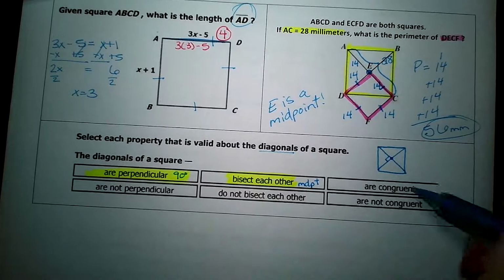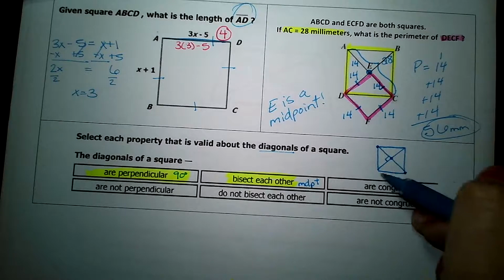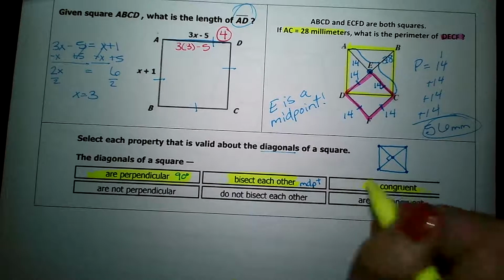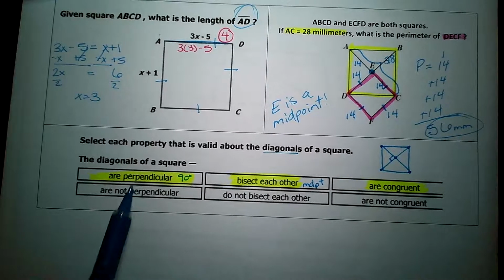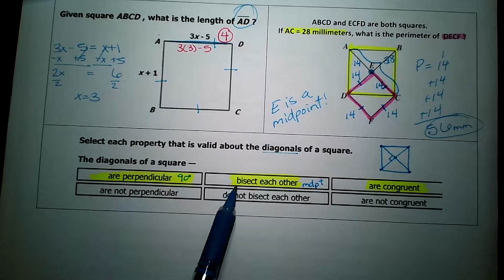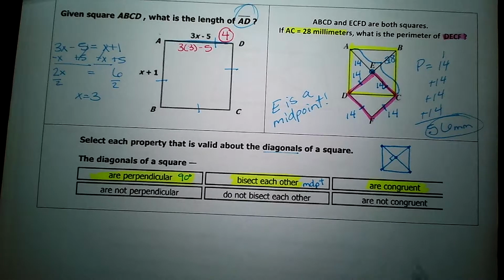The diagonals are congruent to each other, which means from corner to corner is equal. Yes, it is. Not perpendicular is the opposite, so we're not picking that. Do not bisect is the opposite, not picking that. Not congruent is the opposite, so not picking that.